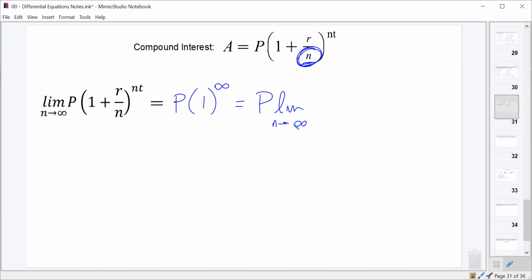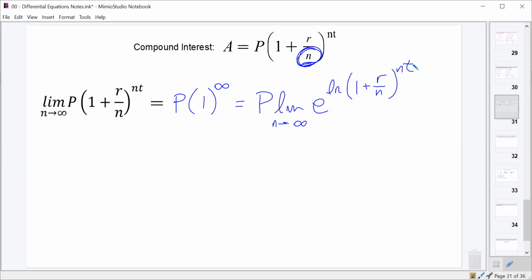But I can't just take the natural log of something within a limit without directly affecting the value of the limit. So what we're actually going to do is e to the natural log of (1 plus r over n) to the nt. If I introduce e to the natural log of something, that doesn't affect the value at all.